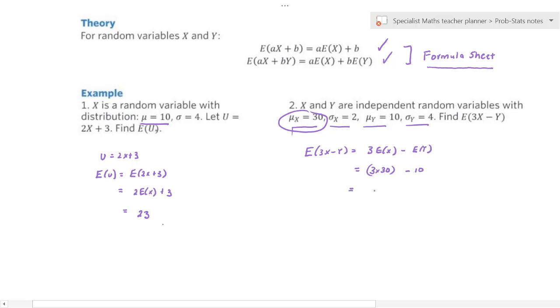So that's 90 minus 10, which is 80. Okay, so there you go. We've just found E of U, and we've found a linear combination.